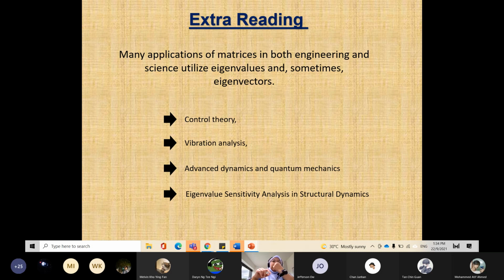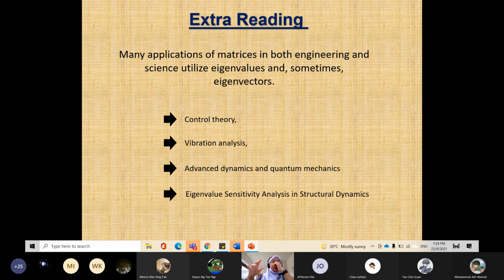Another one, you can have advanced dynamics and quantum mechanics. A lot of matrices can be used in this chapter. Another one is eigenvalue sensitivity analysis in structural dynamics.